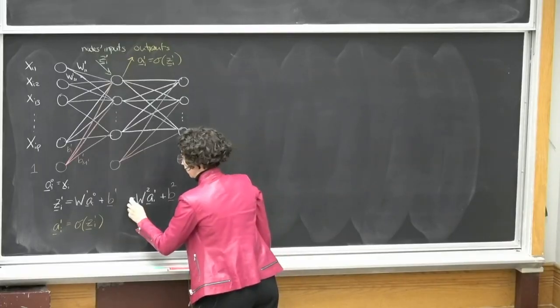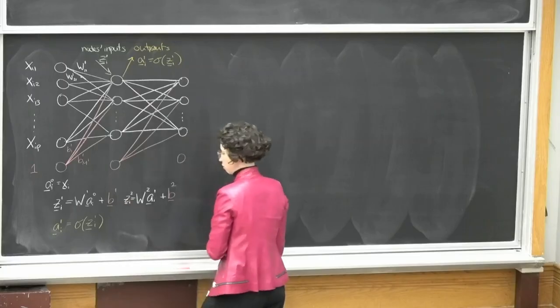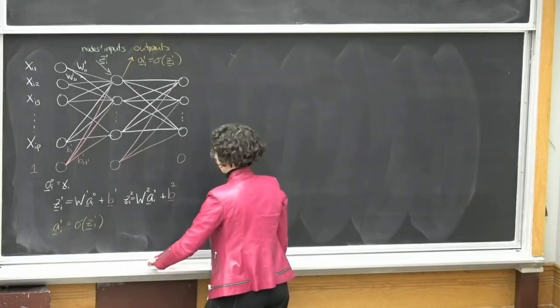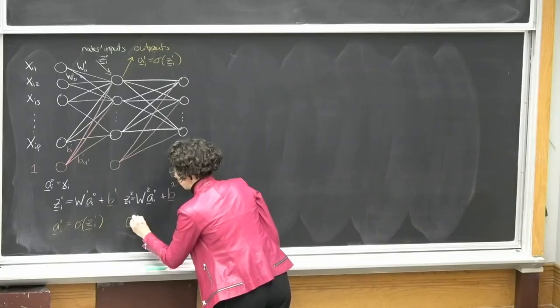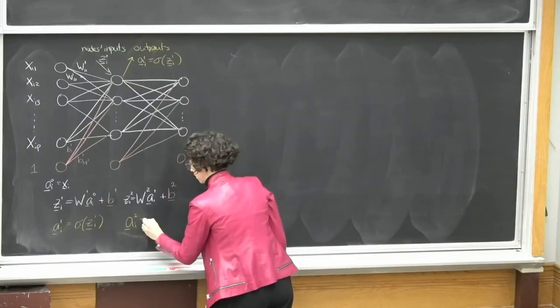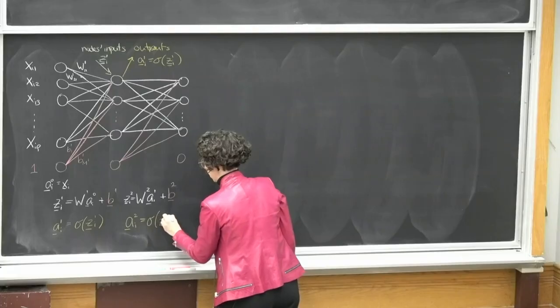And the result of that is what we are calling Z_i with superscript 2. And what's coming out is going to be A_i with superscript 2, which is this nonlinear activation sigma applied to Z_i^2.